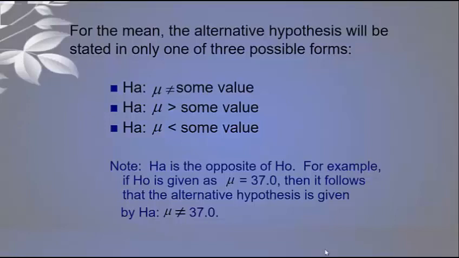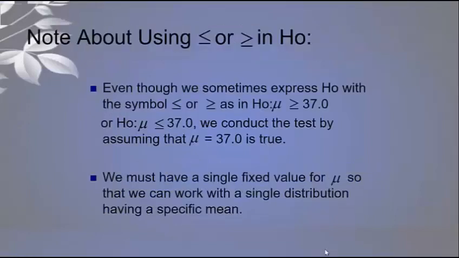For example, if H0 is given as mu is equal to 37.0, then it follows that the alternative hypothesis is given by Ha: mu not equal to 37.0.